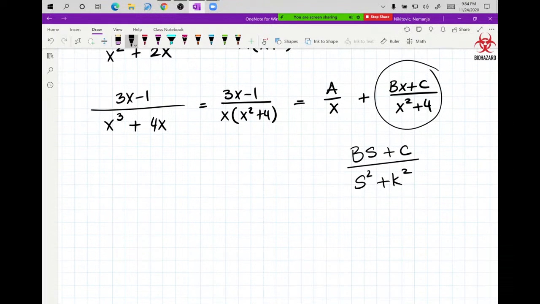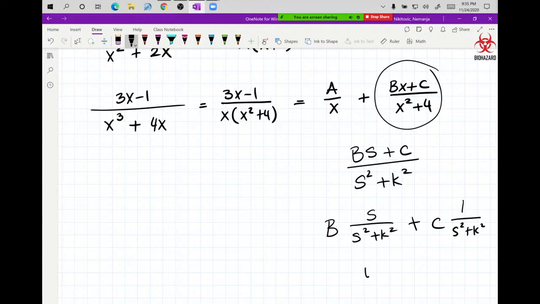And if you split this, you get bs over s squared plus k squared plus c over k times k over s squared plus k squared. Well, this needs to be fixed into k, so you will fix that k and put c over k. But we'll learn that in the differential equations.